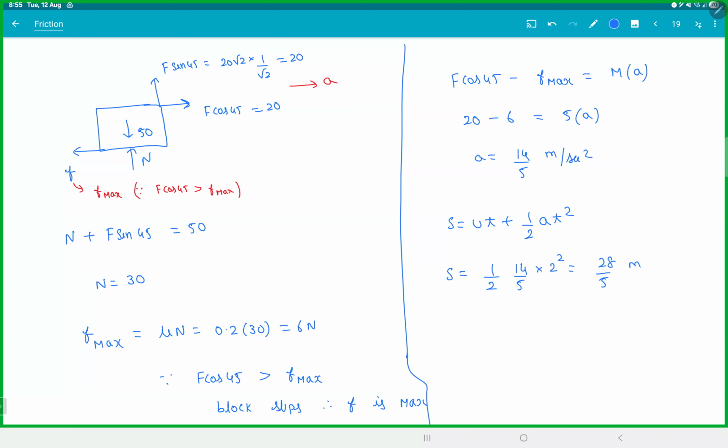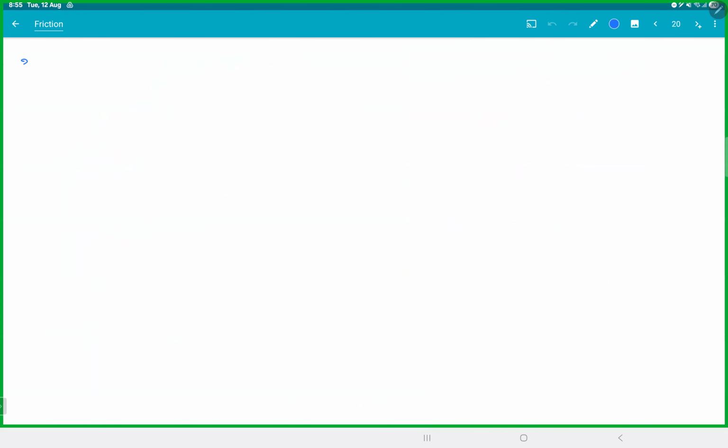Let's see something a little different. So let's say we have a surface here. It is rough on the right hand side. On the left, it is smooth. I should say frictionless, but yeah, smooth means frictionless. So at this junction here, after O, it will become rough, and on the left side, it is still smooth.